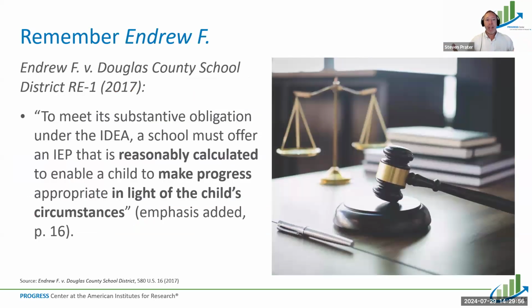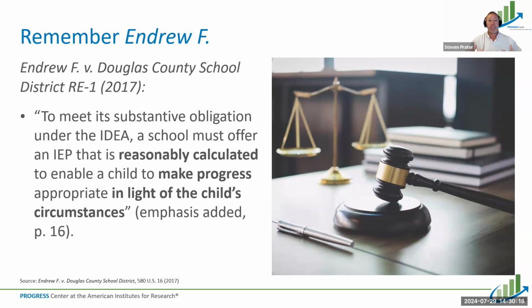All right, so going back to Andrew F., because this is another part. This is a big reason the Progress Center came about, and one of our main things that we like to emphasize is we need to make sure that the IEP is reasonably calculated for that student to make progress in light of the child's circumstances. So that's the same thing. That's how our goals are really important in this area.